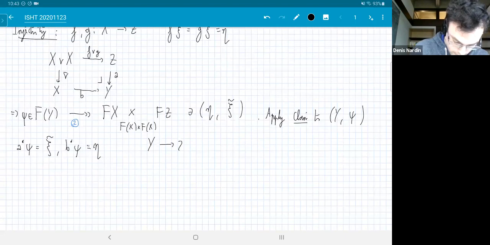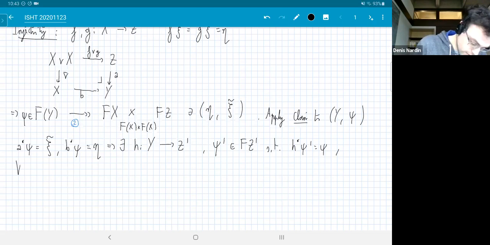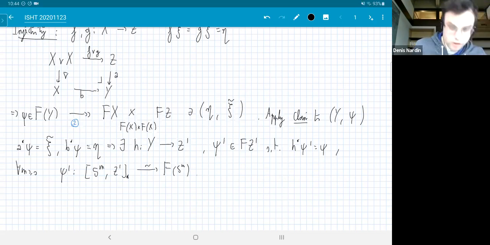So I can find a map, let me call it little h, from Y to Z prime, and an element, let me call it psi prime, in F of Z prime such that h upper star of psi prime is psi, and for every n, this map given by psi prime from pi n of Z prime to F of Sn is a bijection.